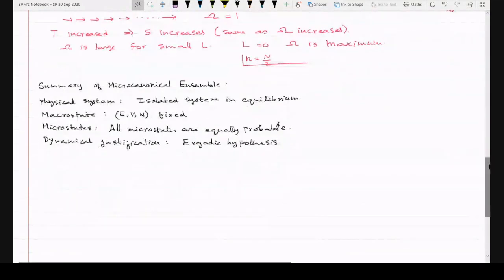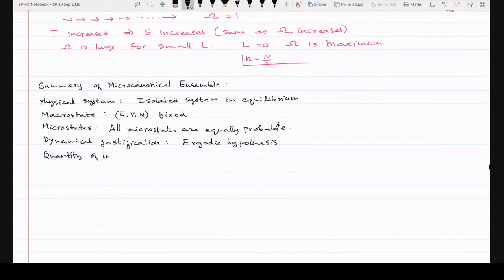And the quantity of interest is omega for a given macro state, which is the number of microstates for a given macro state.